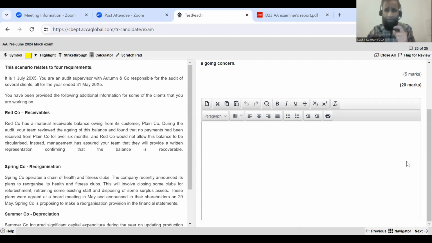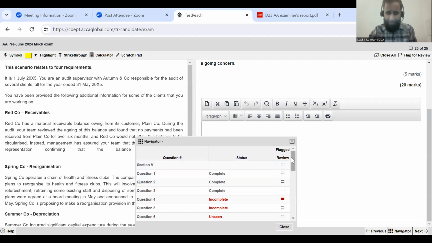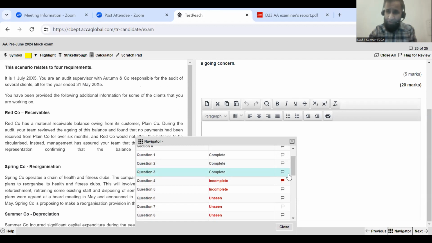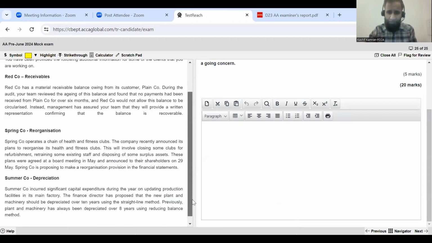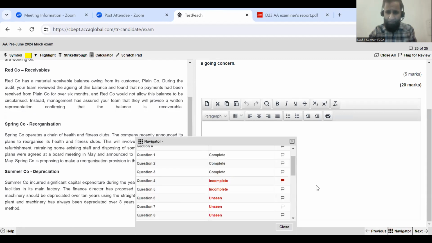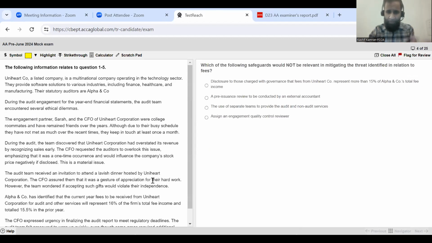I recall, let me confirm, have I left any question? I click on the navigator and check. Is any question flagged? And I saw, oh, there is one question I flagged. I'll click on that question again, question number 4, in the last 7 or 5 minutes, and I'll go back to that flagged question right here.